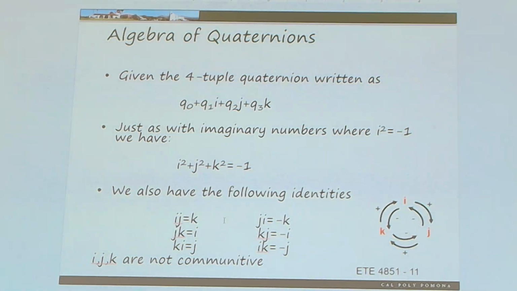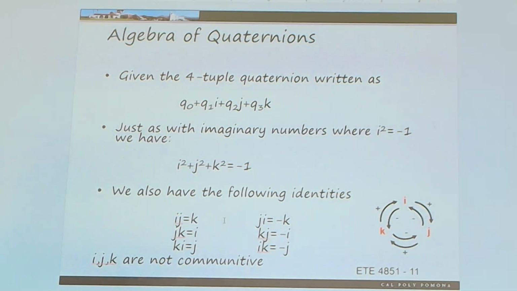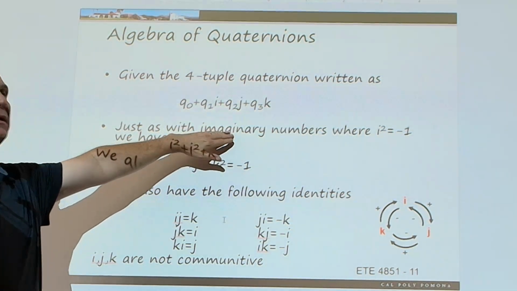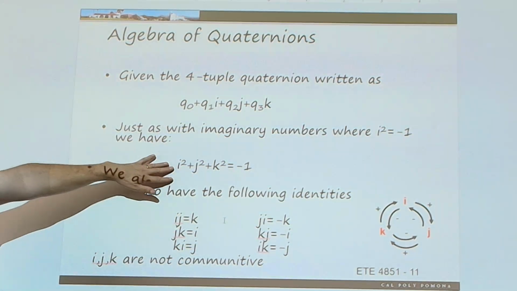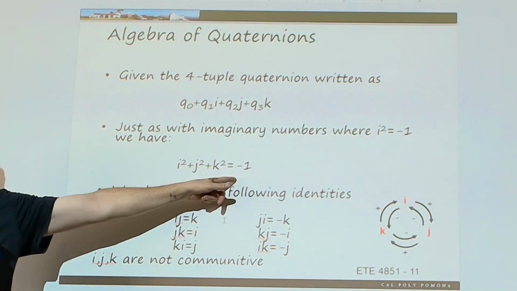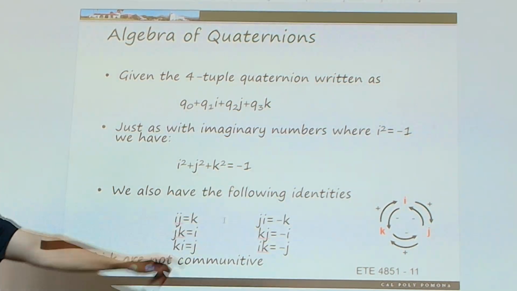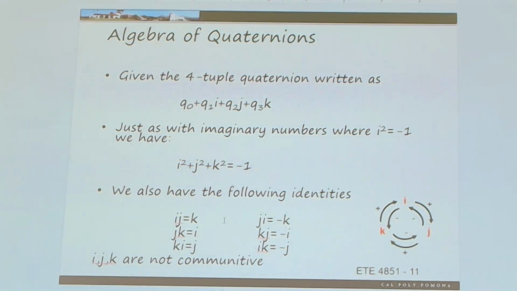Now here's the thing. It's a complex value. A complex square is going to be -1. But in this case, the sum of the three squared is -1. And even more interesting, there are a couple of identities.